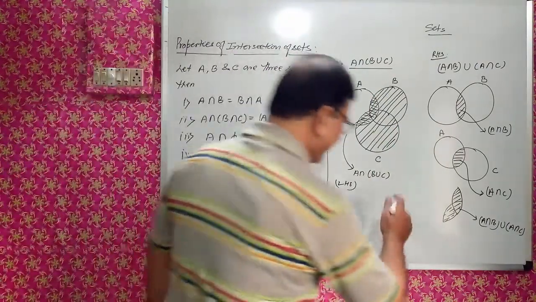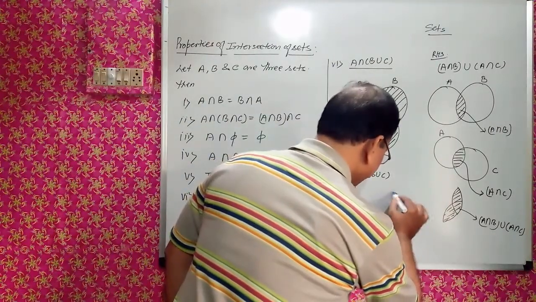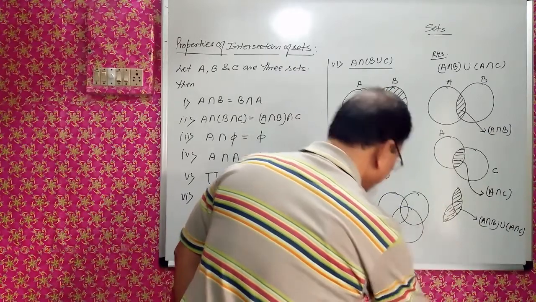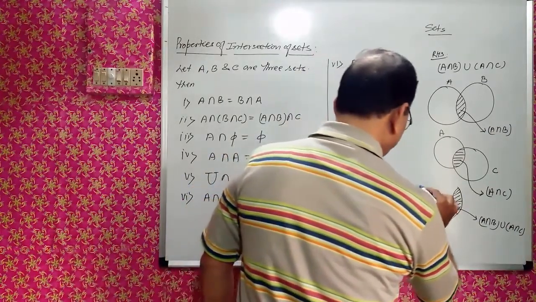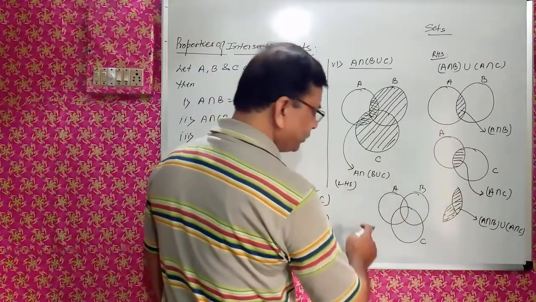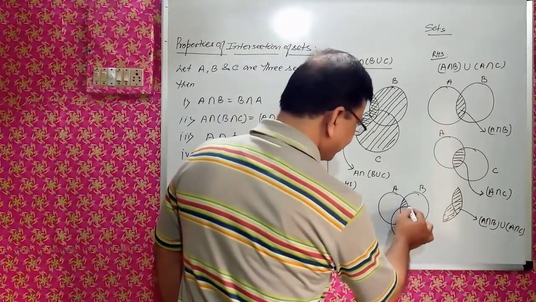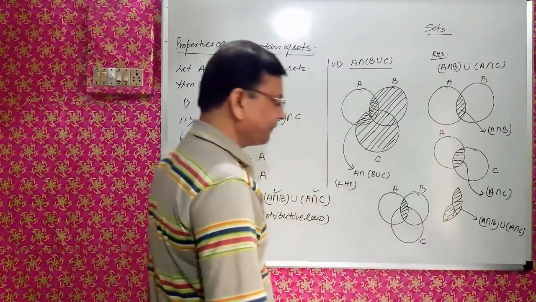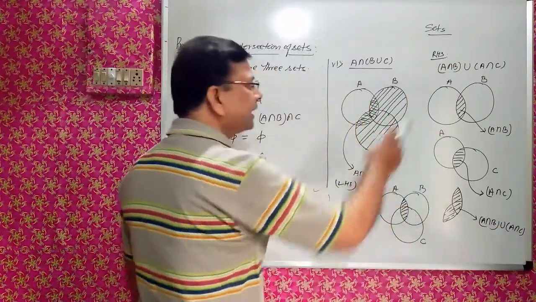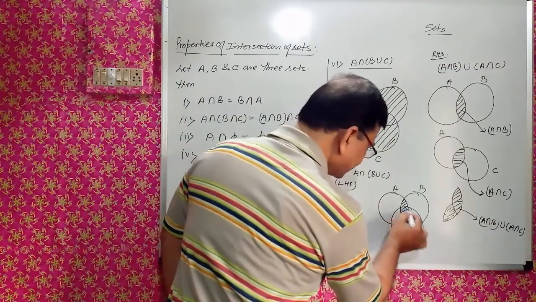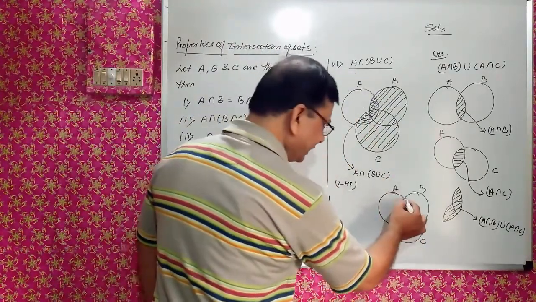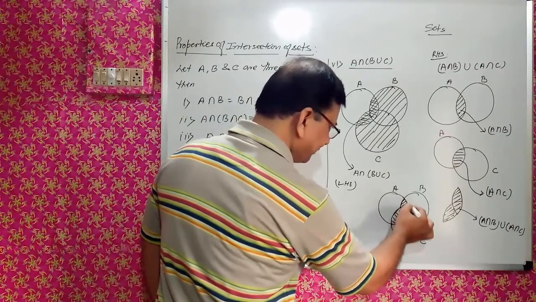Or if we are making three figures, this is A, this is B, and this is C. Right? This is A, B, and C. So first A intersection B you take. So this part is A intersection B. Then you take A intersection C. So this is the part A intersection C. And if you are taking union, then complete area will come.